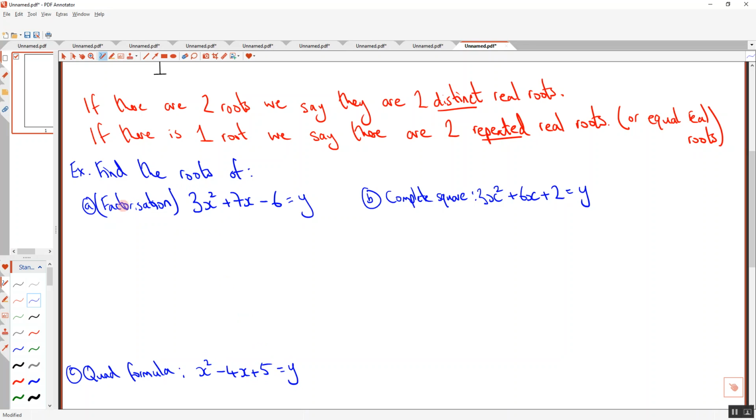So I want us to find the roots of these equations, okay? Using the method that I've put up, okay?